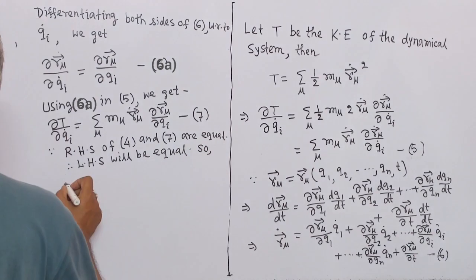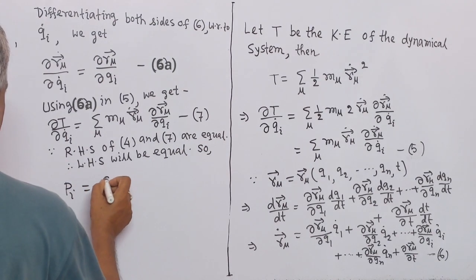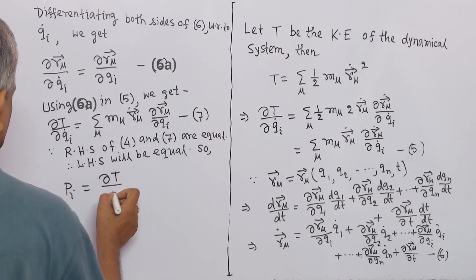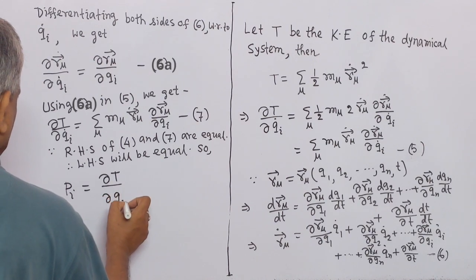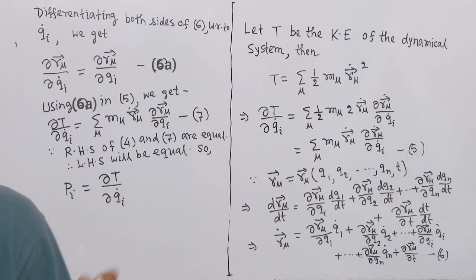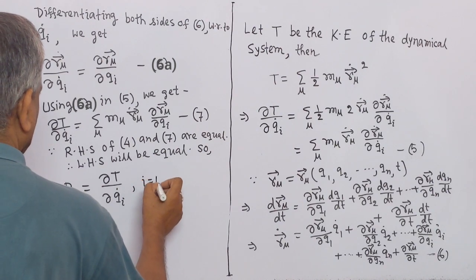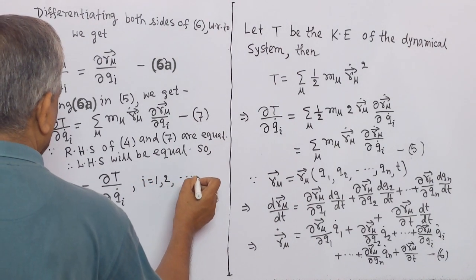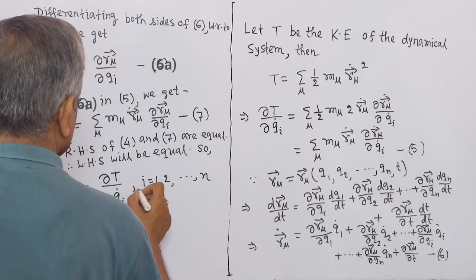So pi equal to partial derivative of T with respect to qi dot, i = 1, 2, dot dot dot n.